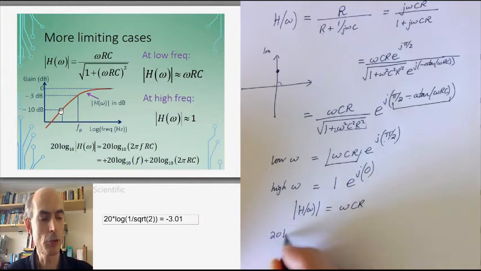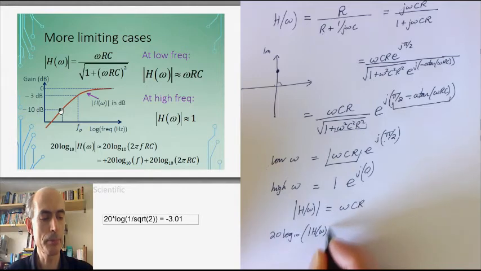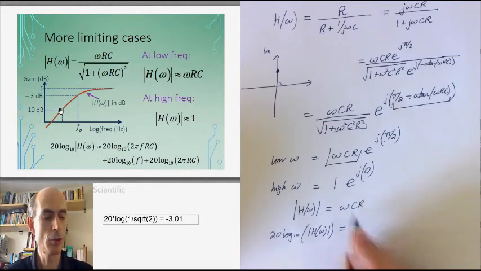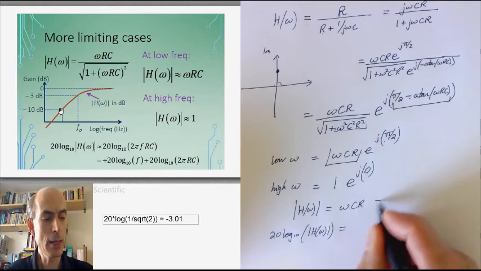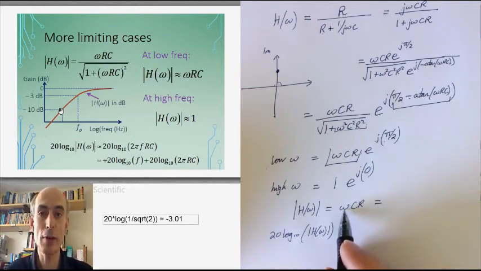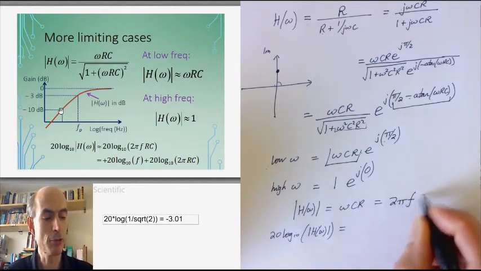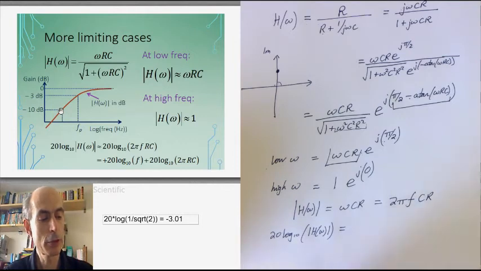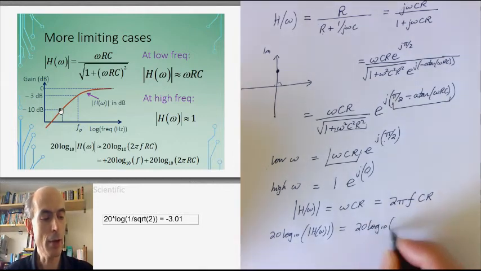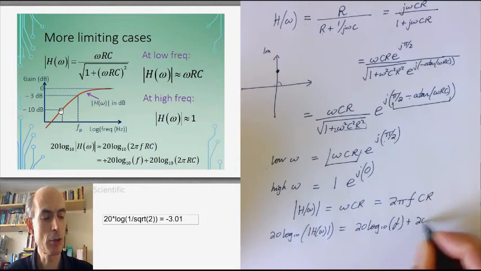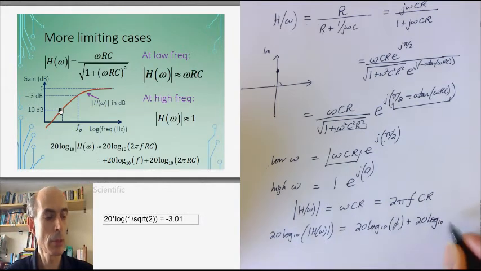So 20 times log 10 of the modulus of h of omega would be 20 times log 10 of this. And again, if I express this in terms of f, frequency in hertz, rather than omega, that would be 2 pi times f times CR. That would give me 20 times log to the base 10 of f plus 20 times log to the base 10 of 2 pi CR.